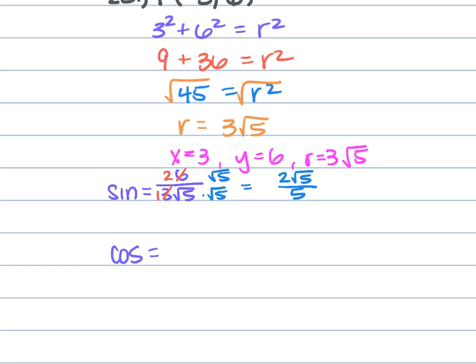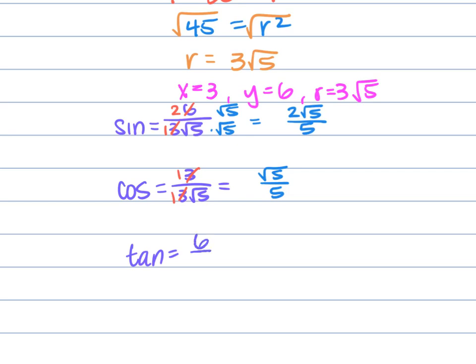Cosine, we have x over r, so that's 3 over 3 square root 5. The 3's turn into 1's. We multiply top and bottom by the square root of 5, so it's the square root of 5 over 5. Tangent is y over x, so that's 6 over 3, which is 2.